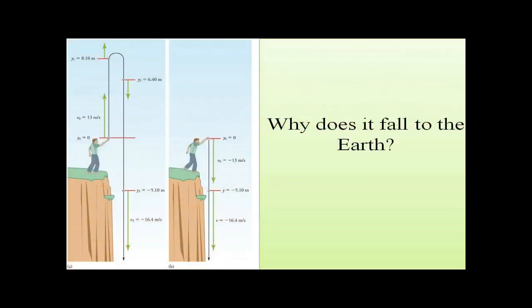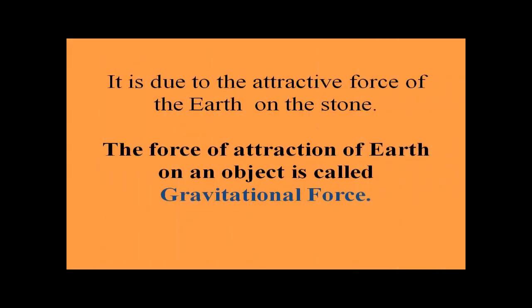What happens when you drop a stone from a certain height? It freely falls to the earth. Why does it fall to the earth? It is due to the attractive force of the earth on the stone.